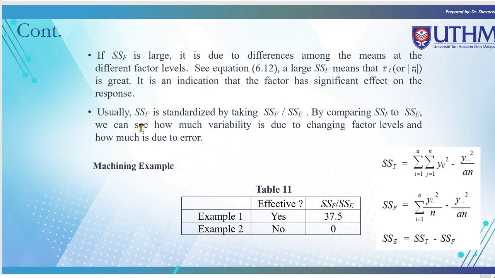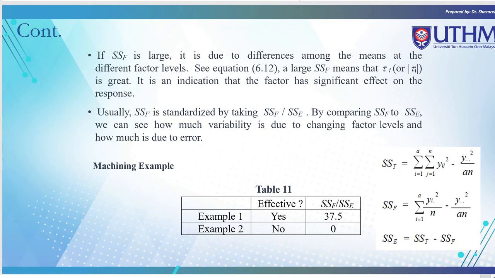Usually for SSF, we standardize by dividing SSF by SSE, in order to compare the effect of each level with the total error. From this proportion, we can compare how much variability is due to changing the factor level and how much is due to the error. So if the SSF is greater than SSE, this proportion will be greater than 1.